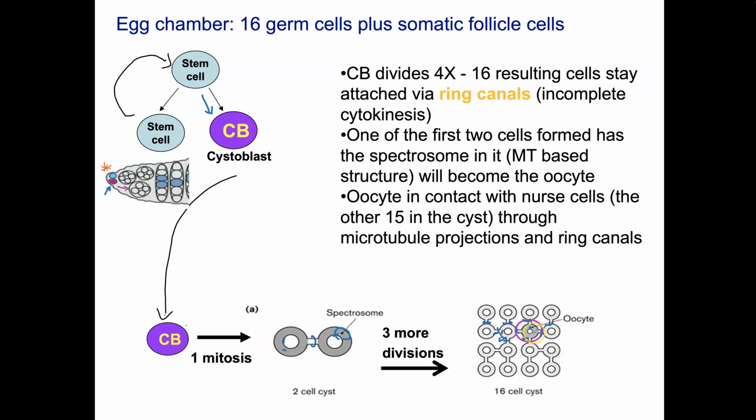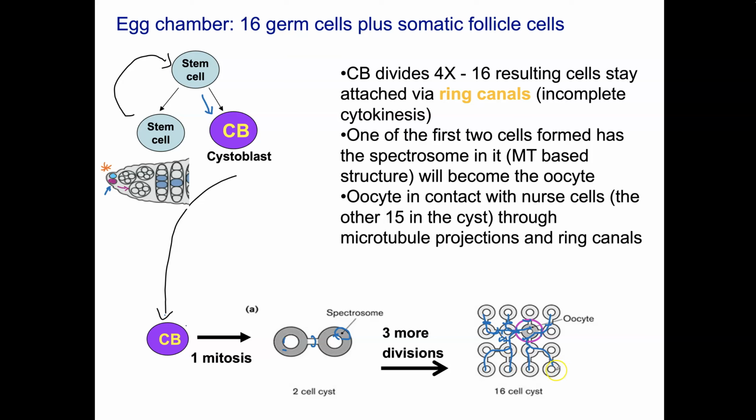And you can see that through this ring canal, both of these cells can be accessed. Through this one, all of these can be accessed, and so on. If you imagine microtubules starting at this center, they can extend out and reach all of the other 15 cells.